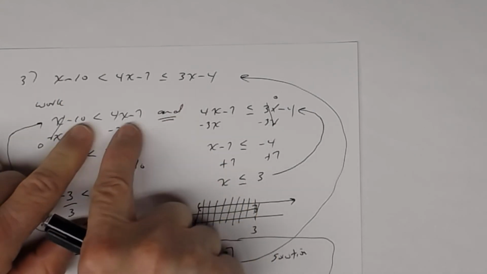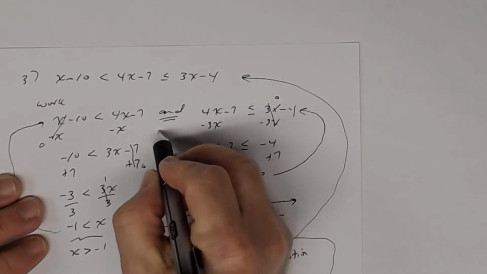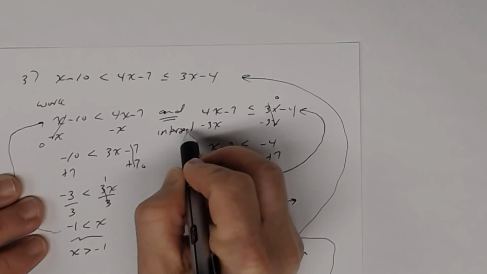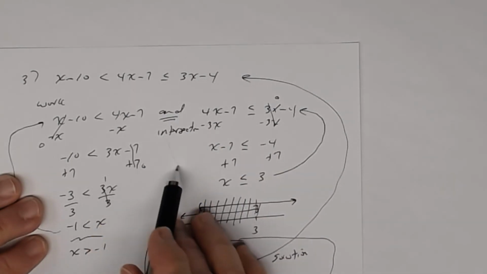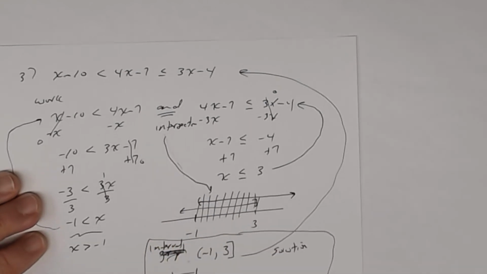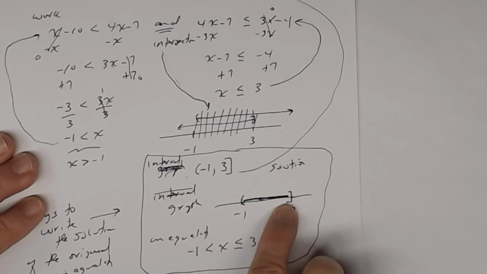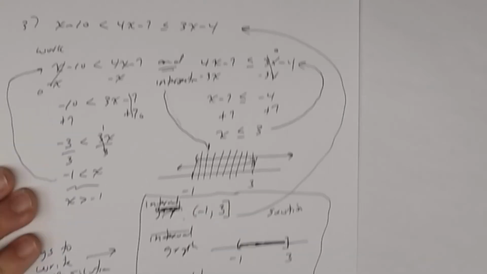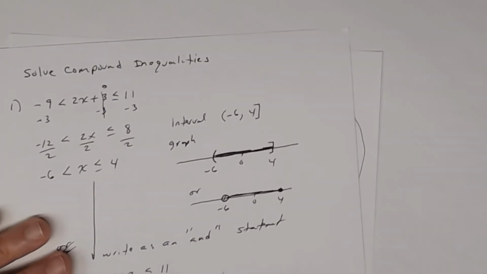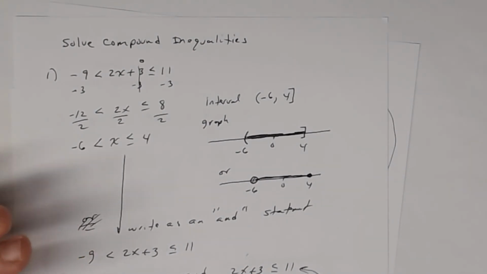So you're going to have to write it as an and statement. Remember, and means intersection. That's why we looked at the intersection of those two graphs. And then we came up with the interval notation, the graph, and then the inequality. All right, so that will be the end of those three examples.